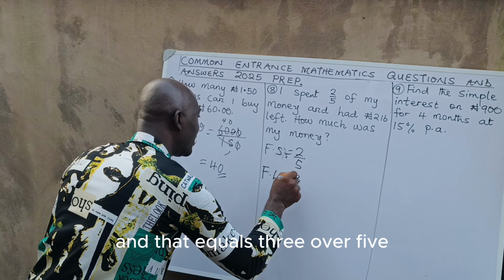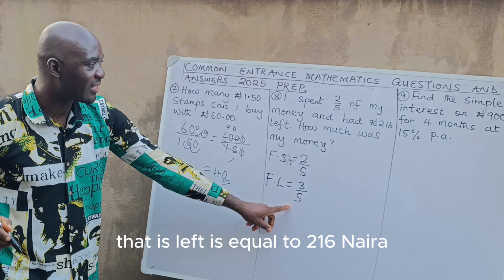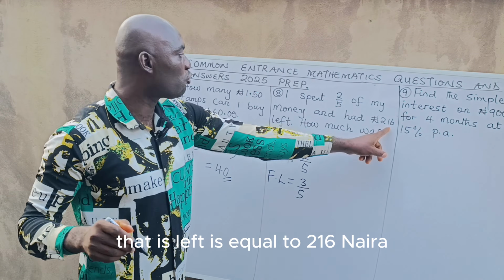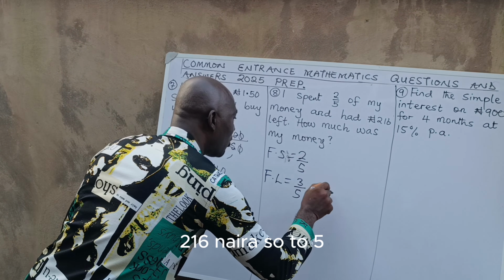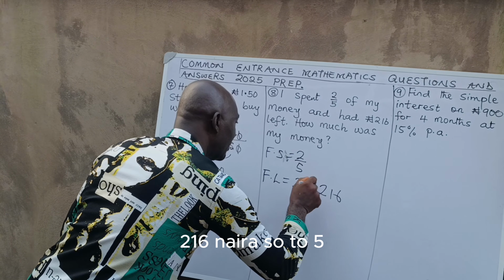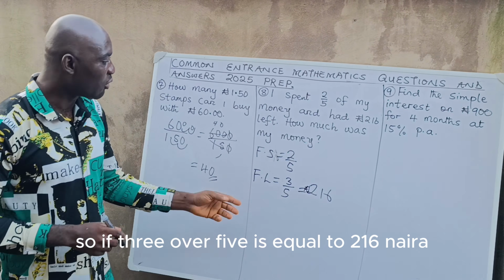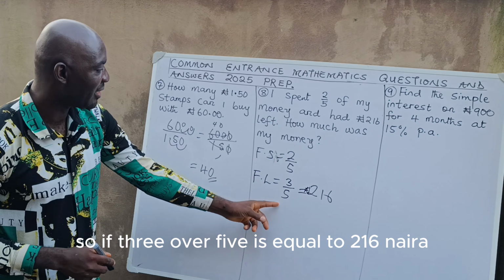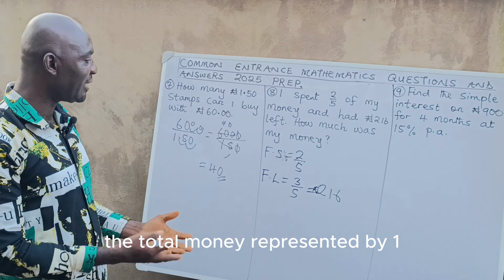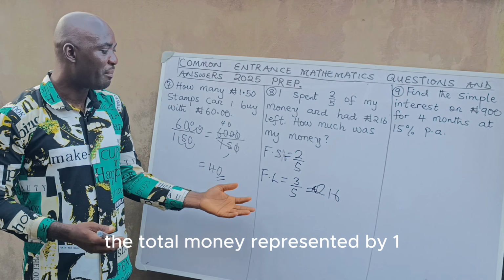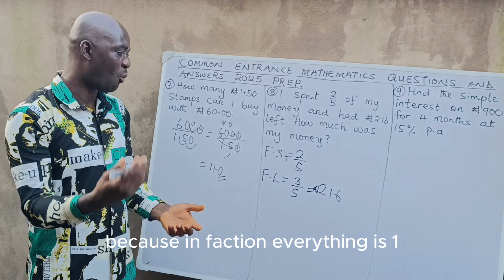And that equals 3/5. And this 3/5 that is left is equal to 216 naira. So if 3/5 is equal to 216 naira, the total money is represented by 1, because in fractions everything is 1.